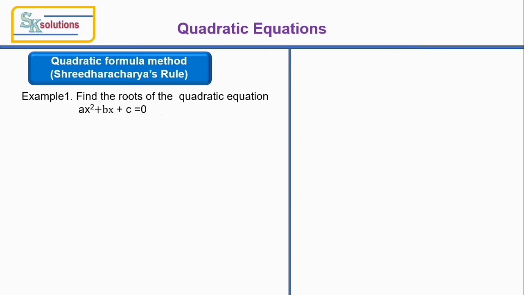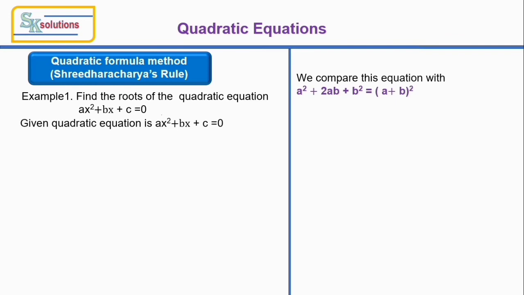Find the roots of the quadratic equation ax square plus bx plus c is equal to 0. You know, this is the standard form of the quadratic equation. The given equation is ax square plus bx plus c is equal to 0. We compare this with a square plus 2ab plus b square is equal to a plus b the whole square.